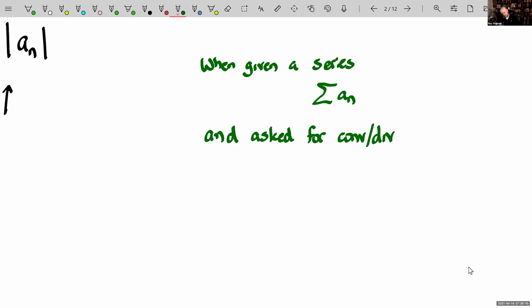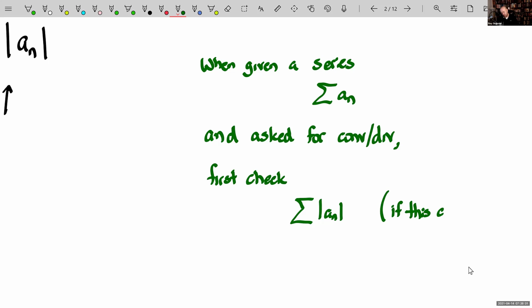So first check the summation of the absolute values of the terms. That's because if that converges, then the original series has to converge as well.